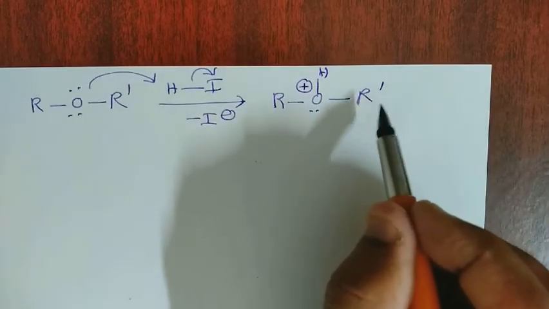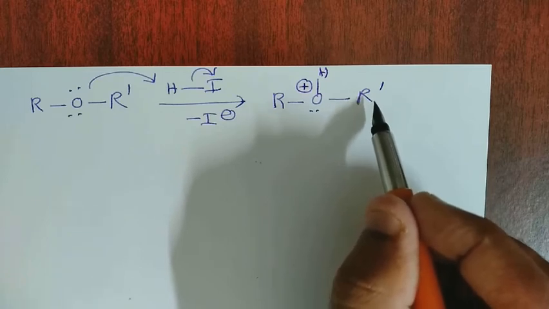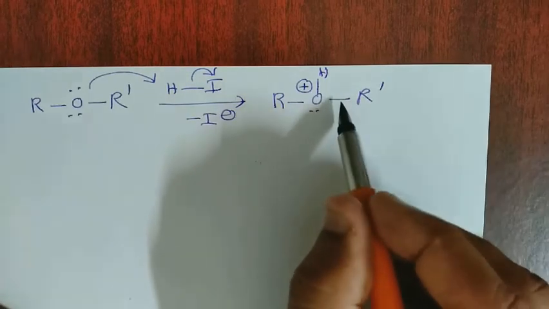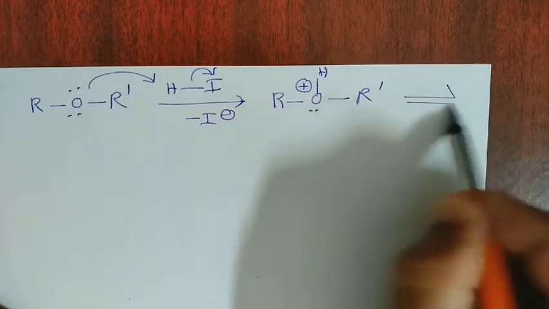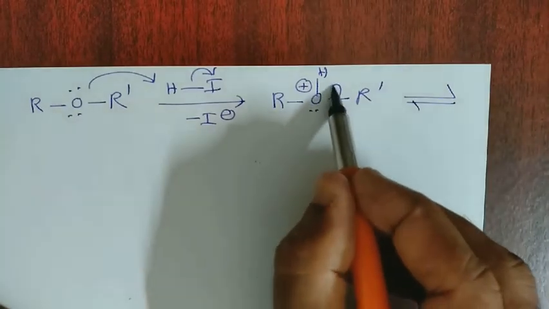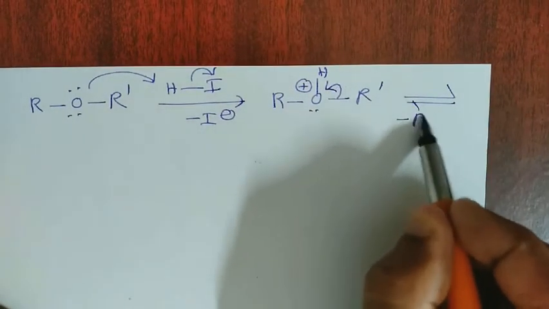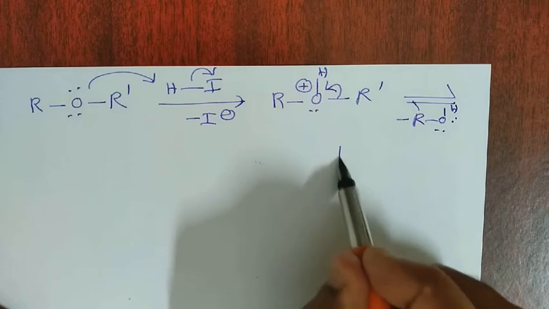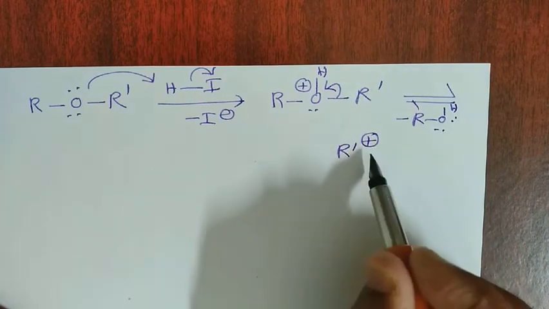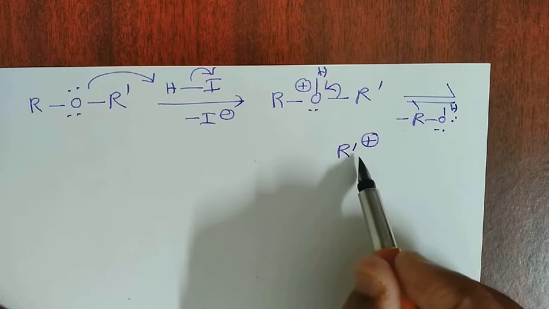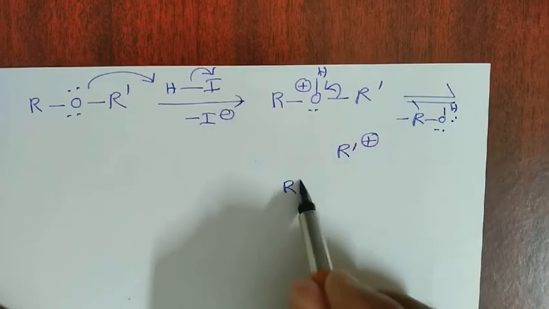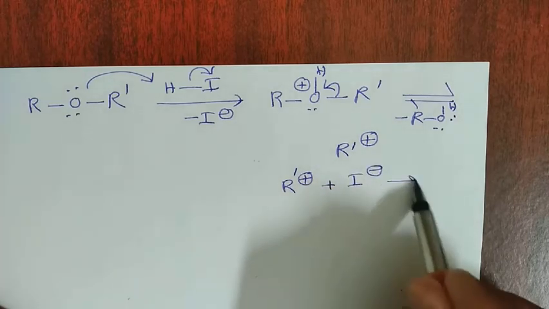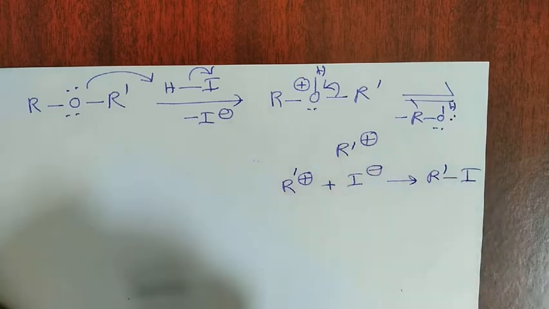Suppose R' is a tertiary alkyl, benzylic or allylic group, then the protonated ether dissociates to form a stable carbocation intermediate: a tertiary alkyl, benzyl or allyl carbocation. In the next step, this carbocation combines with the nucleophile iodide ion to form R'I.